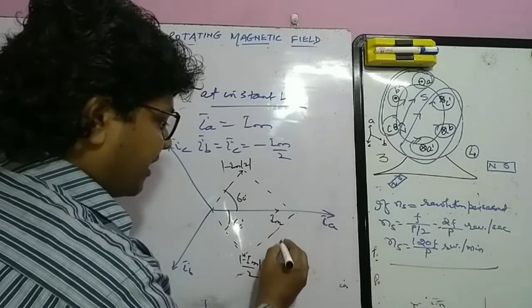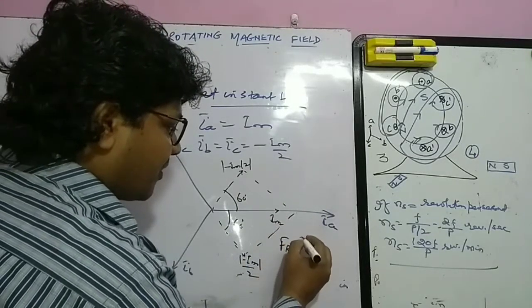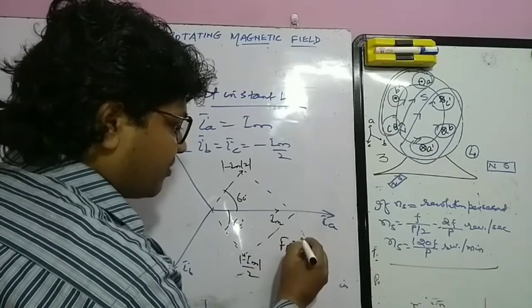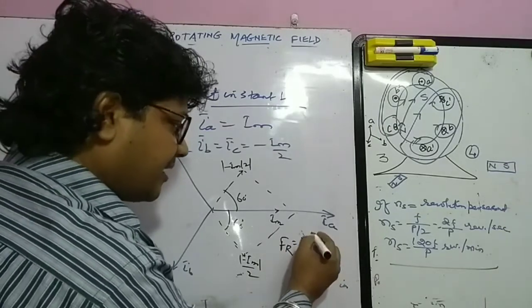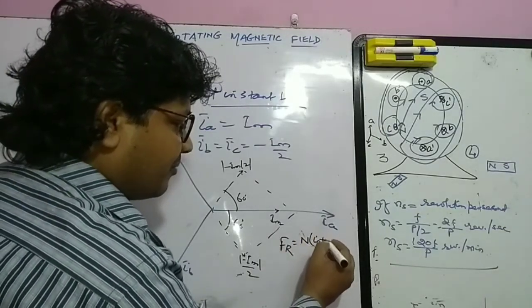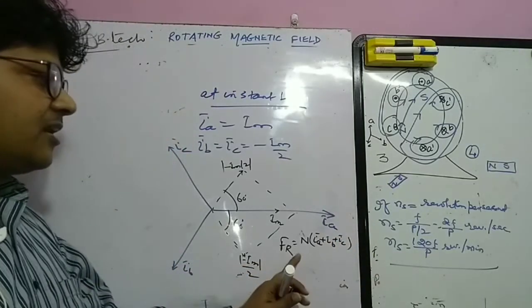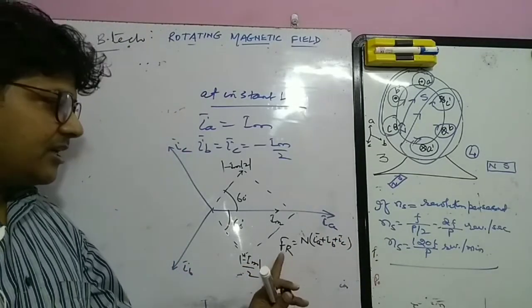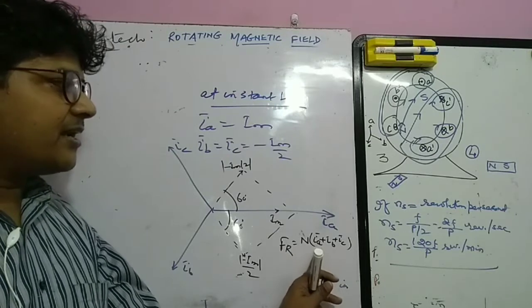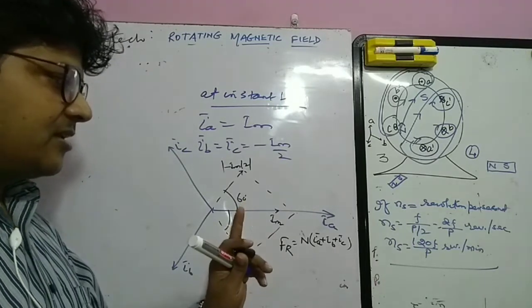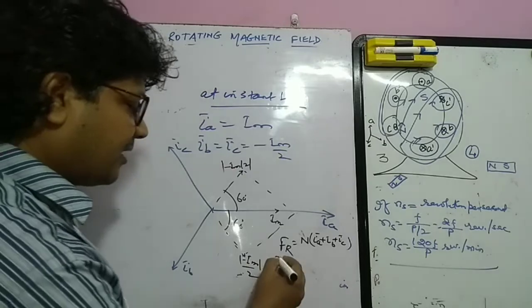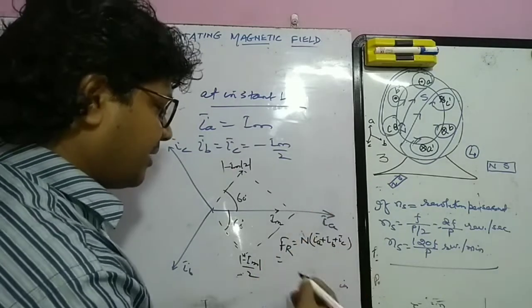So what will be the resultant? Fr is equal to n into Ia plus Ib plus Ic. This is our net MMF. F is equal to Ni, MMF.